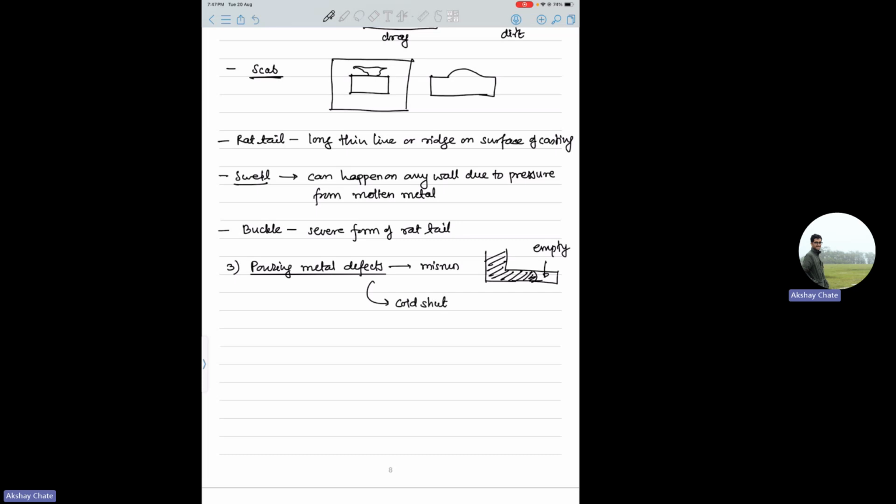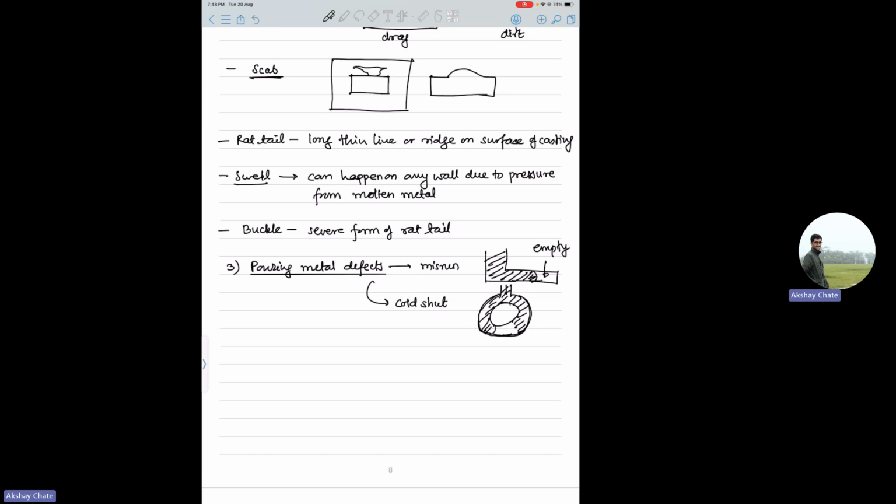Then there is something called cold shut. What happens if you have a cavity like this, and you are filling it from the top, because of low fluidity or improper ramming, this part will remain empty.